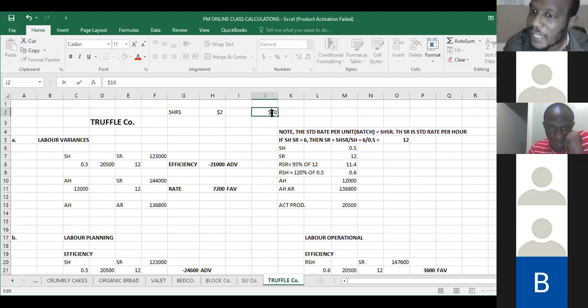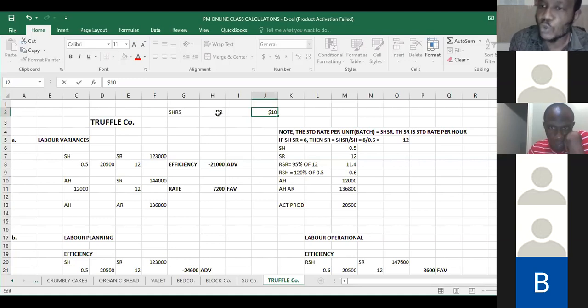Your standard hour standard rate is the standard rate per unit. The standard rate that we talk about is the rate per hour, not the rate per unit, because standard hour times standard rate will give you your standard hour standard rate. Standard rate, which is the more important one, is the rate per hour.